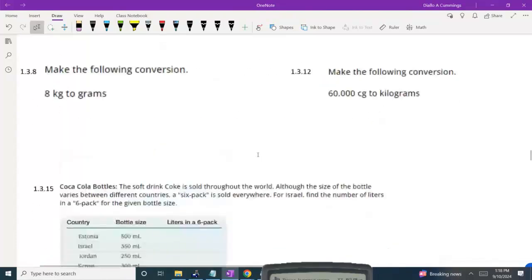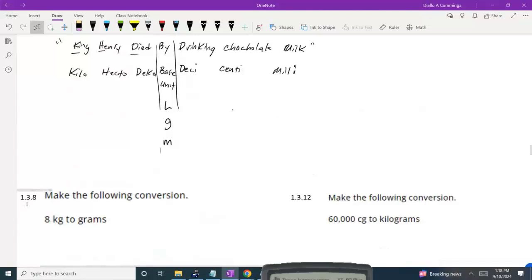All right. So here are a couple of examples. Number 8 says make the following conversion: 8 kilograms to grams. So using this conversion chart, I must start at 8 kilograms. So 8 kilograms would be here. Right. I want to convert kilograms to grams. So that means I must move the decimal. So in the number 8, right, the decimal is behind 8.